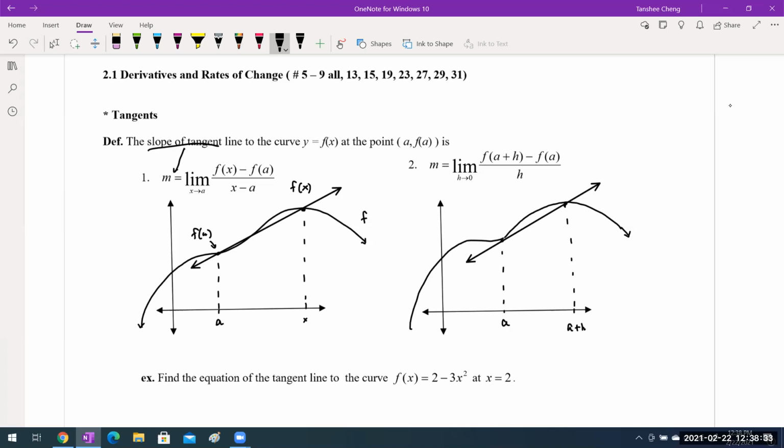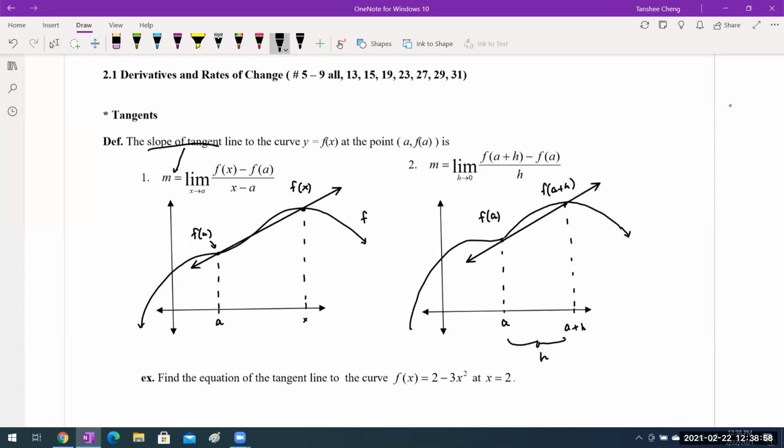And another format of this can be written in terms of h. So instead of talking about A to x, we will say from A to a certain distance h, so A to A plus h. The function values become f of A and f of A plus h.